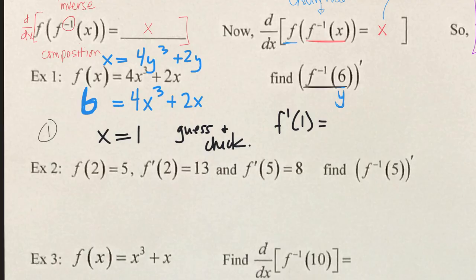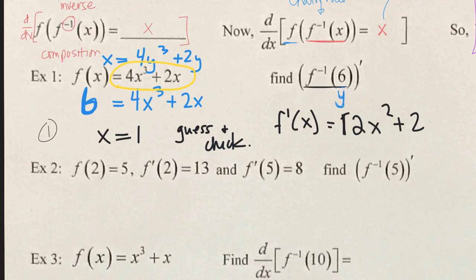That's the next thing that we do in solving this equation, f prime at 1. So let's take the derivative. What is the derivative of 4x cubed plus 2x? Hopefully that's not a problem for you, taking the derivative of this polynomial. 12x squared plus 2.